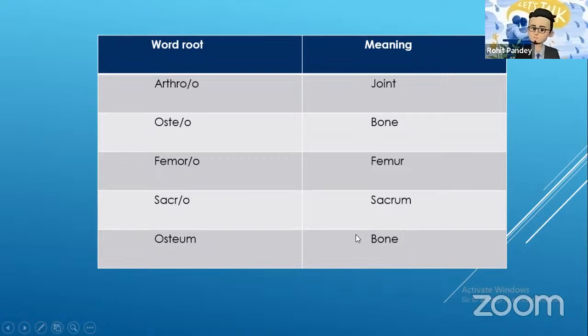Osteo and osteum both have the same meaning, bone. Again, ortho means joint. Femoro, femur, sacro, sacrum.